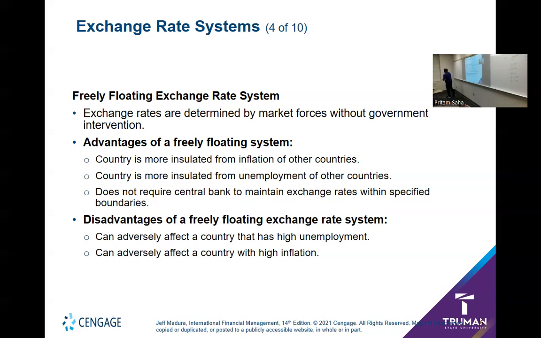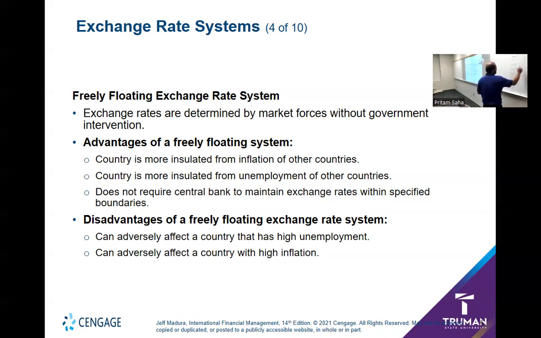We may not expect a lot of import, right? Currency can be weakened, right? That may induce some more export and also affect the economy of the other country. Make sense? Good question.